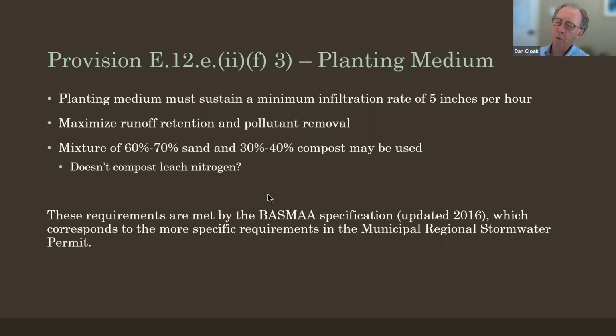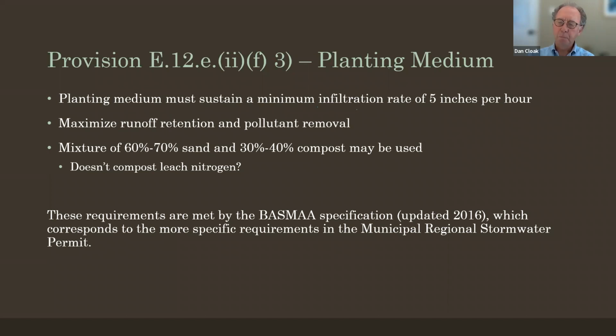But let's get into the question of compost leaching nitrogen, and the answer to that is yes, unknown as to for how long and under what circumstances and what needs to be done about it.